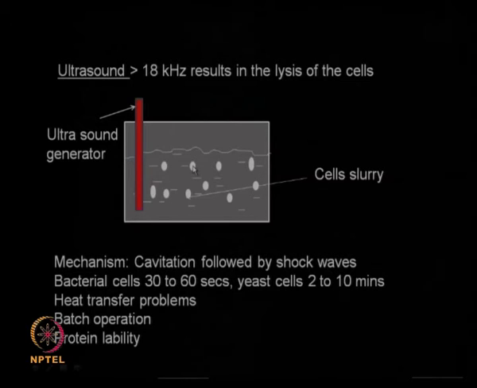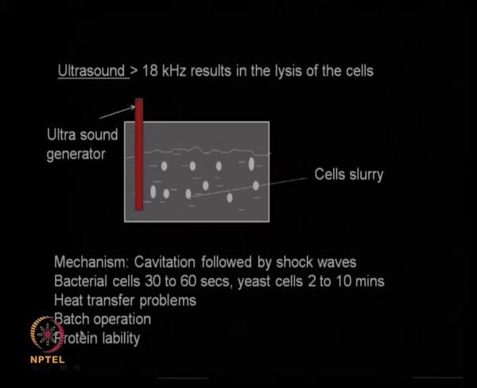Some of the problems in ultrasound are heat transfer problems. That means the heat generated inside the slurry or the bath is high. So if you use the ultrasound equipment for a very long time, you may be generating very high temperatures, and if there are proteins or enzymes present, they can get deactivated.